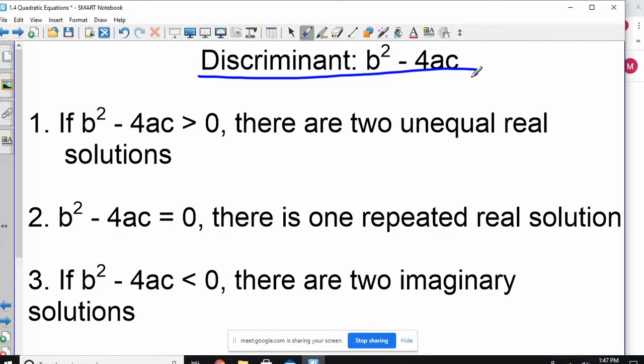If it is equal to 0, then you have plus and minus the square root of 0, which gives you the same thing. So you only get one repeated solution. And in the case where it is negative, that's when the i comes into play. So you get two different imaginary solutions. So I'll give you a minute to write that down before we look at one.